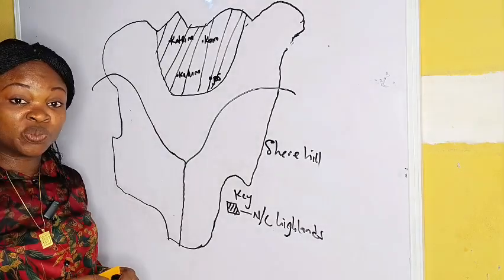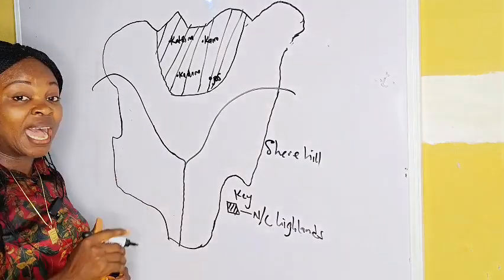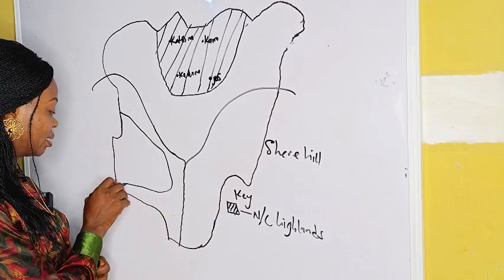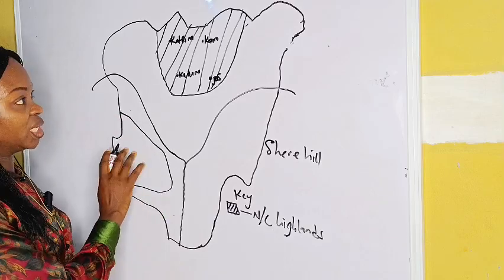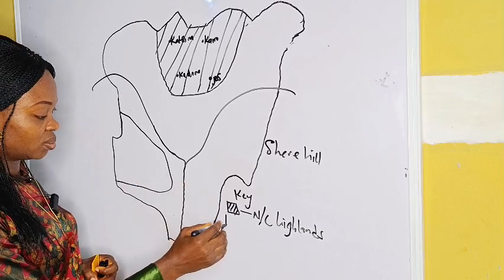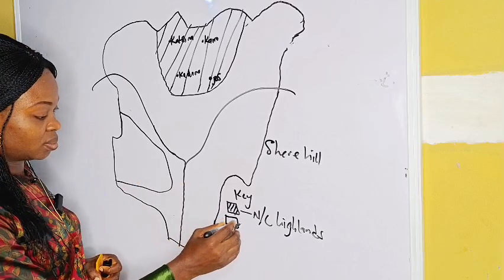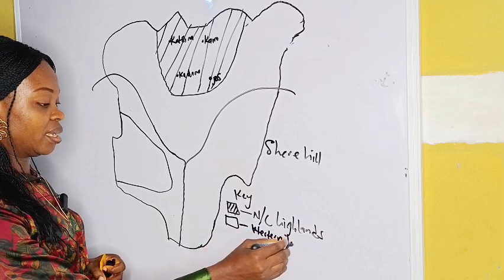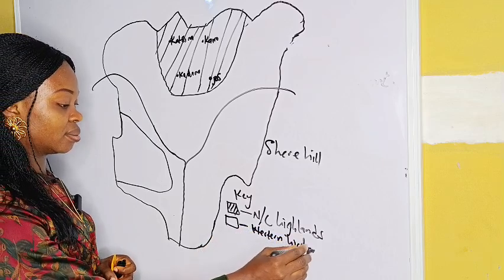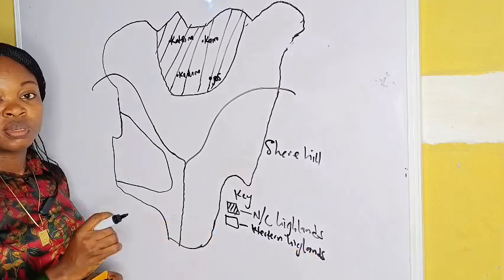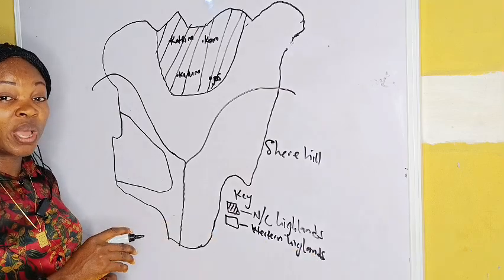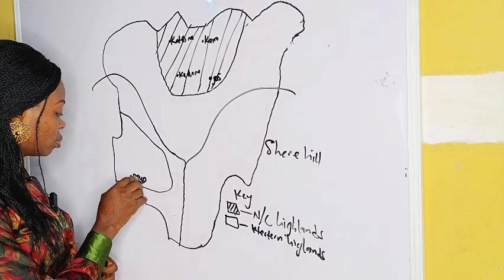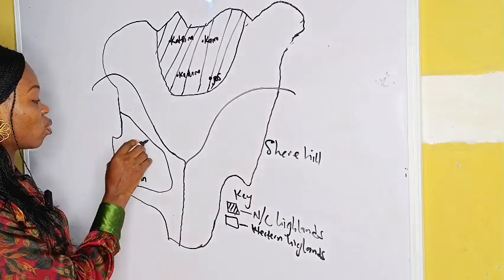The next highland we are going to be discussing is the Western Highlands. This Western Highland occupies places like Ogun. There's Kwara here.